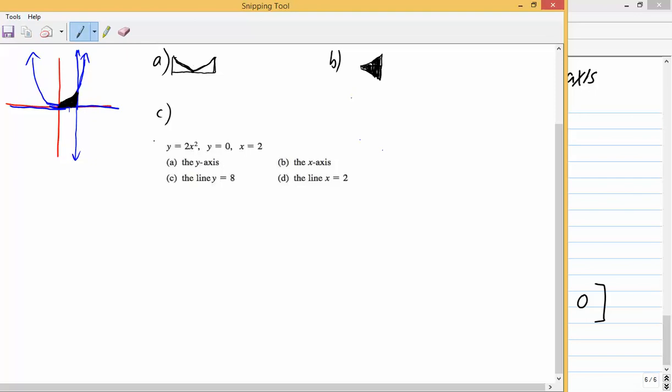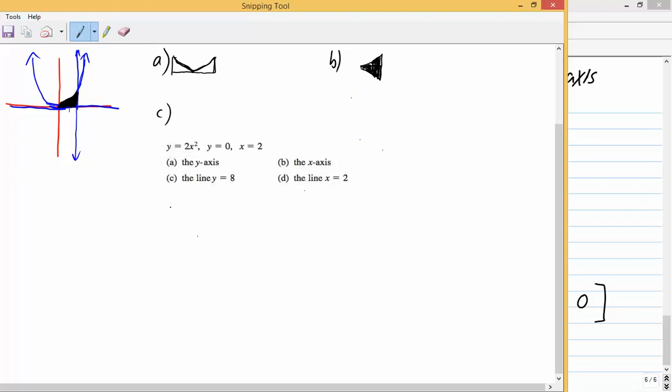Alright, what would C look like? Around the line y equals 8. I believe, let's see, I want to take this and set them equal to see where they intersect. Let's see, no, you'd have to have x equals y to set them equal.